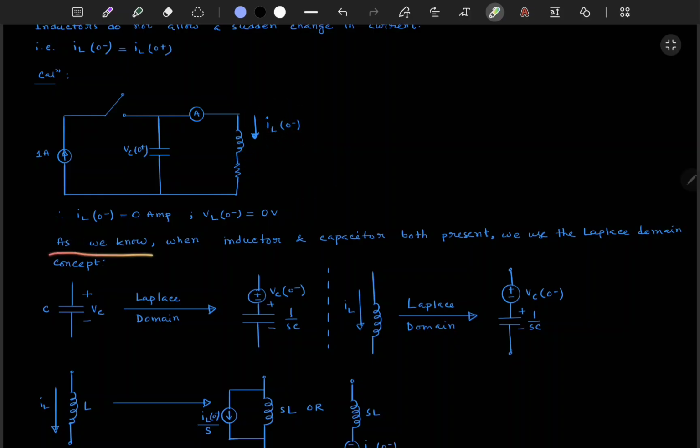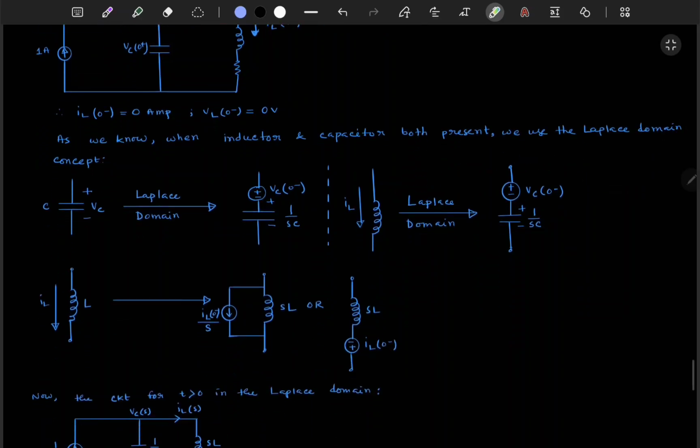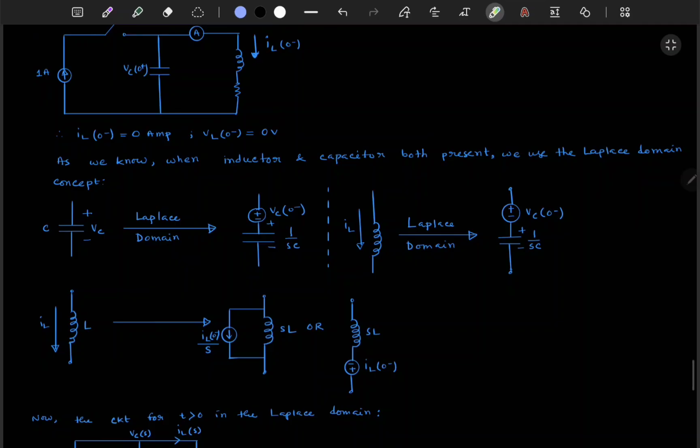When the inductor and capacitor are both present, we use the Laplace domain concept like this. The capacitor in the Laplace domain is represented with Vc(0-) and impedance 1 by SC.